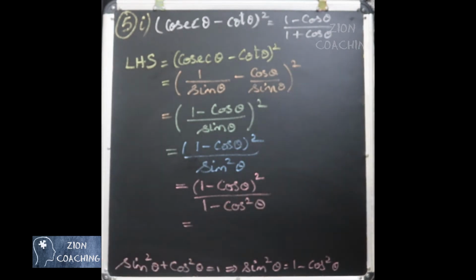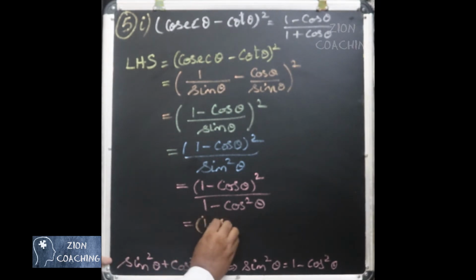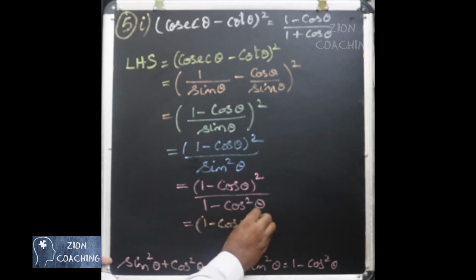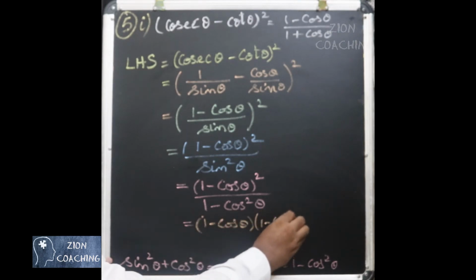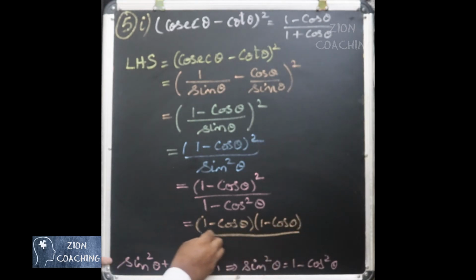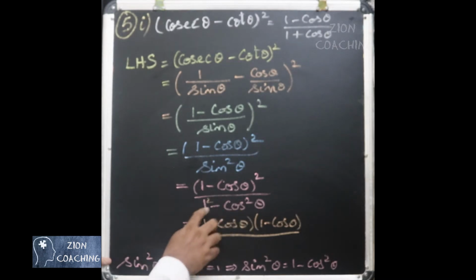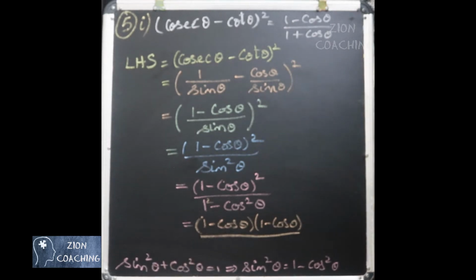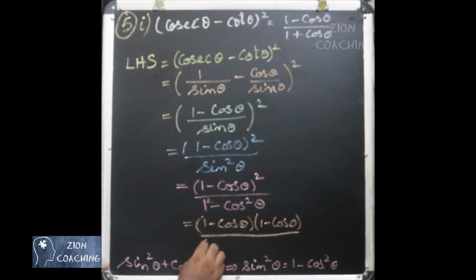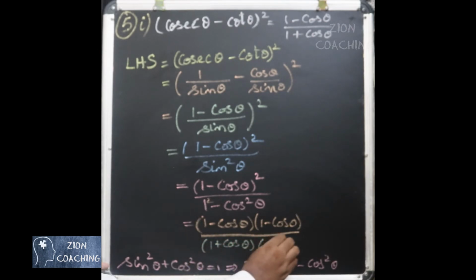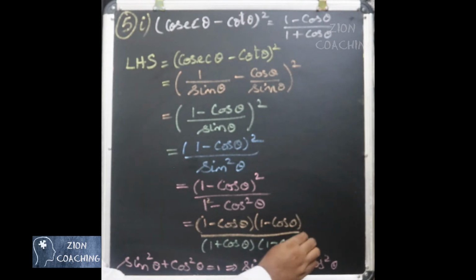Now (1 minus cos theta) the whole square can be written as (1 minus cos theta) into (1 minus cos theta), divided by, this is of the form a squared minus b squared. A squared minus b squared is equal to (a plus b) into (a minus b). So we are going to have (1 plus cos theta) into (1 minus cos theta).